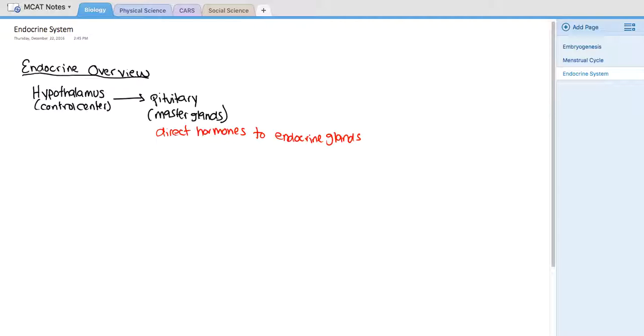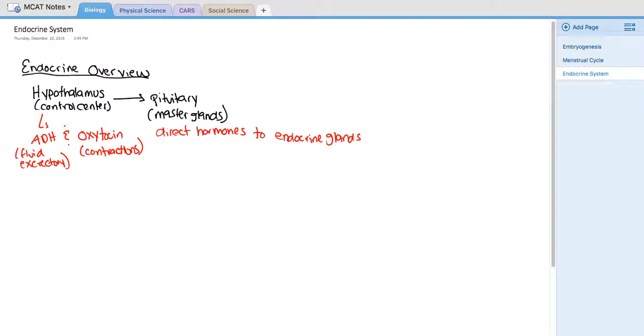And the hypothalamus, for example, will release hormones such as ADH and oxytocin. So oxytocin is contractions in labor, and ADH is going to be the reabsorption of fluid in the excretory system.